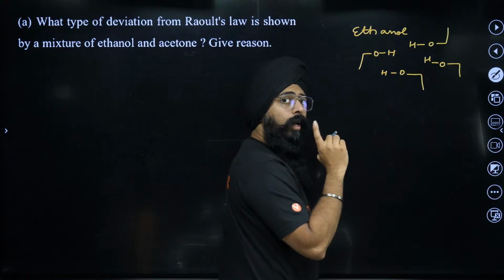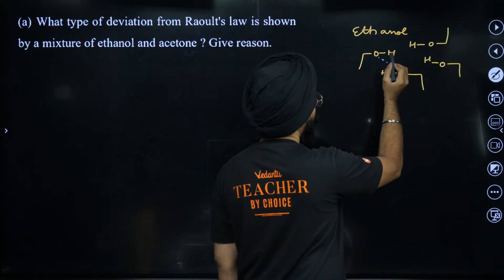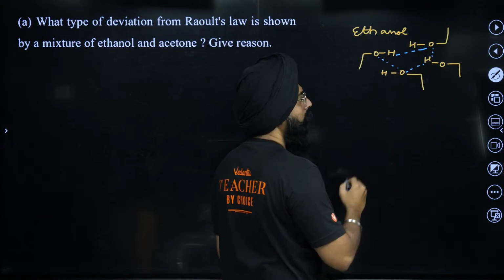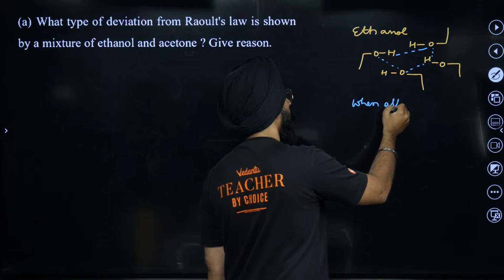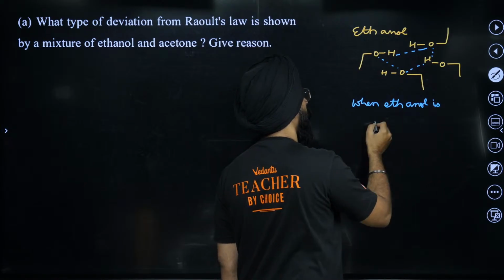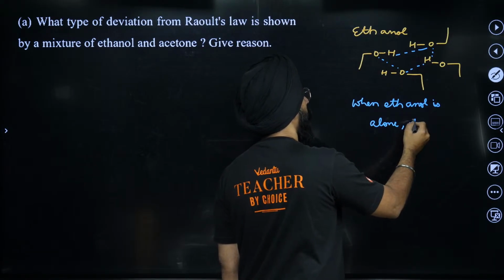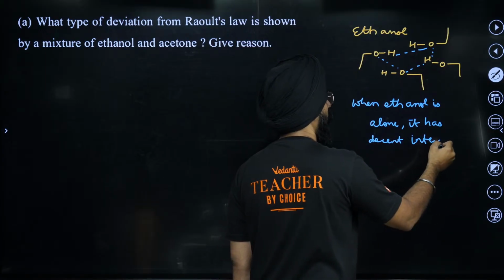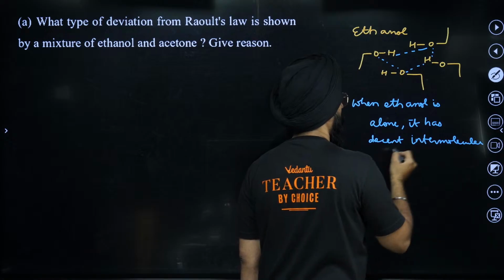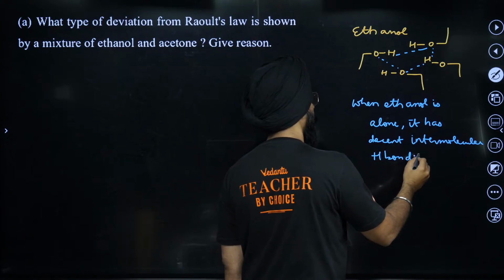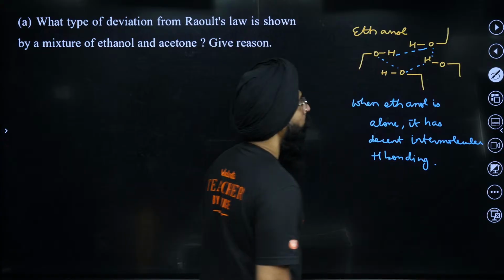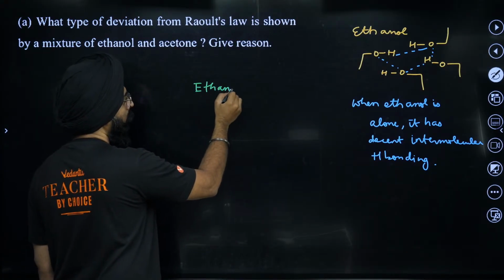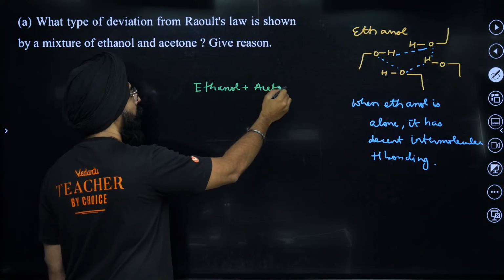When ethanol is alone, it has decent intermolecular hydrogen bonding. But now what we are doing? Now we are putting ethanol into acetone.